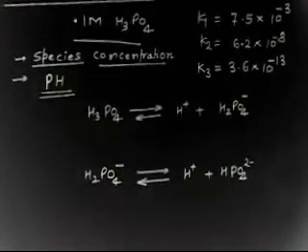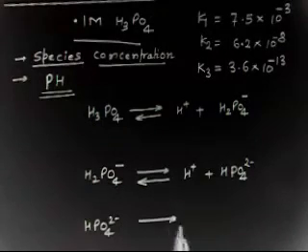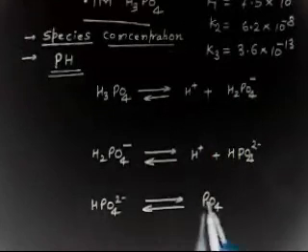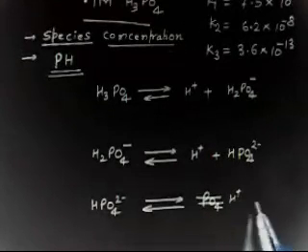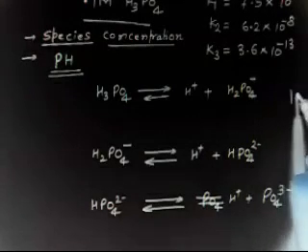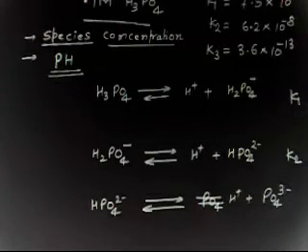HPO4 2 minus can further dissociate, and in that case it will give you H plus and PO4 3 minus. The equilibrium constant for these is K1, K2, and K3.